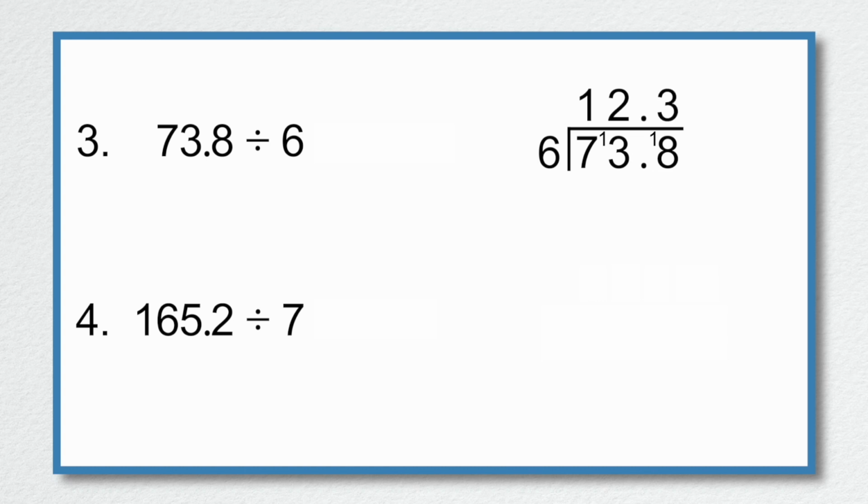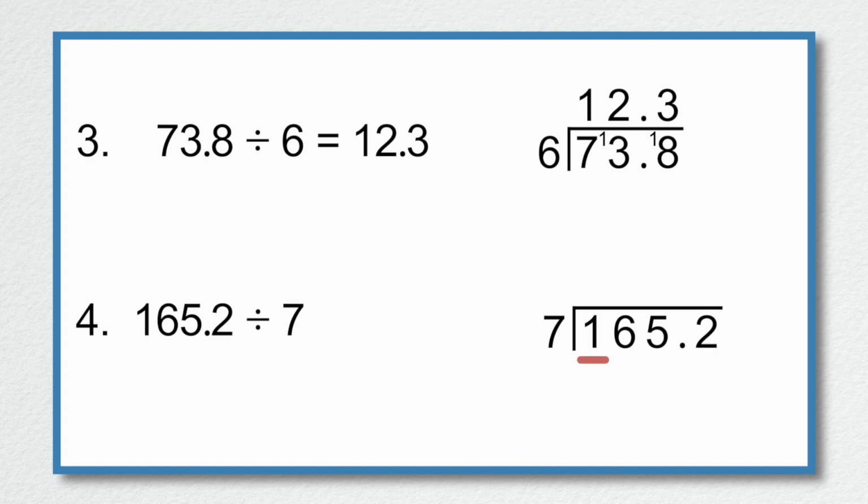73.8 divided by 6 is equal to 12.3. And finally, 165.2 divided by 7. We'll set the question out. 1 divided by 7. Well, 1 is smaller than 7, so I'm going to put a nought over the 1, and we're now going to do 16 divided by 7.